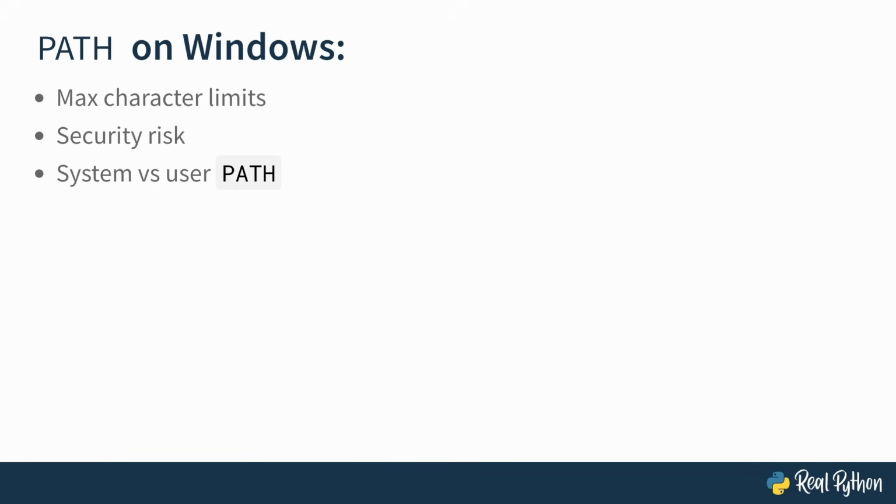And there's kind of two different paths. There's a user-specific one and a system-wide one. So for all of these reasons, it was decided long ago that users would have to opt in to adding Python to path as a little safeguard to show that they understood what it was and that there are risks involved with it.